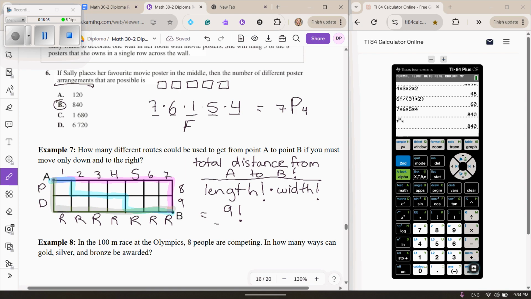And then you're going to divide it by the length. The length is 7 as a factorial, and the width is 2 as a factorial. So once again, when you're typing this in on your calculator, just make sure that you're careful with your factorials, 9 factorial, and your brackets. Okay, so the answer there is there's 36 paths from A to B.